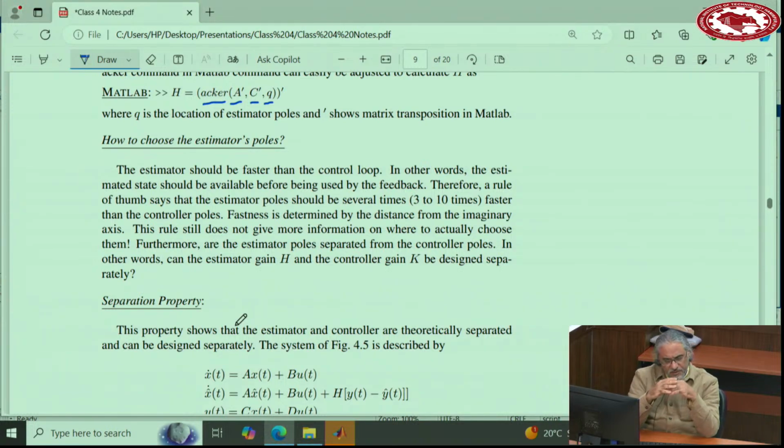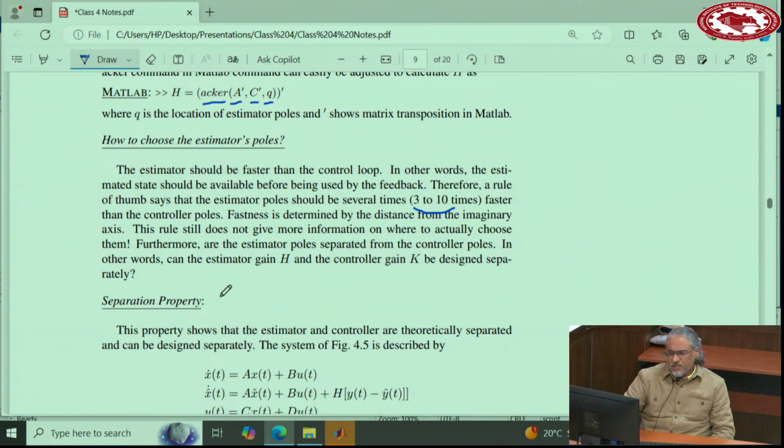Now, for that reason, it makes perfect sense to require that a state estimator should be faster than the control, because it should estimate and then give to the other one. How much faster? 2 times, 3 times, 4 times. So typical rule of thumb is 3 to 10 times faster. Okay.